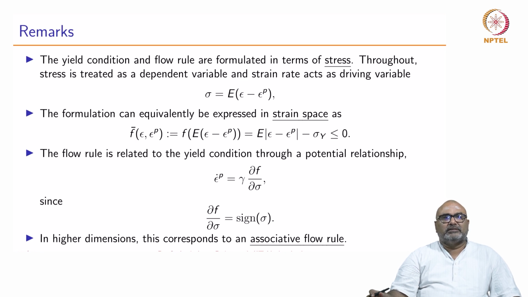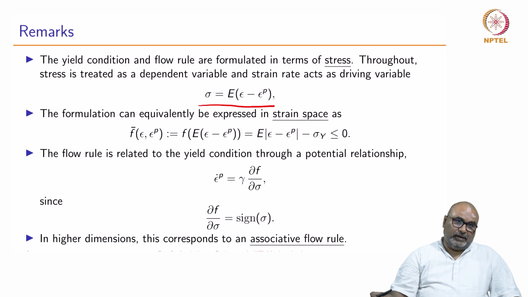Now, the yield condition and flow rule are formulated in terms of stress throughout. Stress is treated as a dependent variable and strain rate acts as a driving variable in a strain driven case, where we define the stress and the yield criteria in the stress space. So, we can write σ is equal to E times (ε minus ε p). The formulation can equivalently be expressed also in strain space.